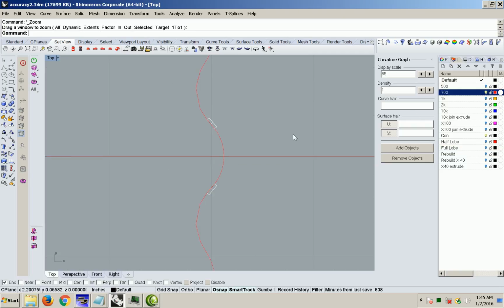This is the curvature graph for the setting of 700, and there are only a couple of curves right across the zero pressure angle. At 1K there are slightly larger curves. 2K even more, and now you can start to see the steps between the arc segments.